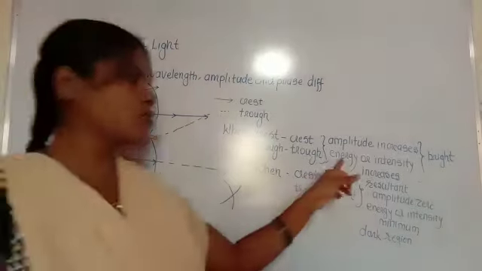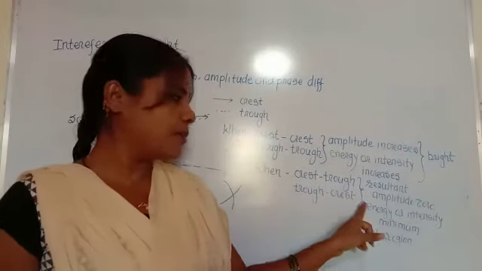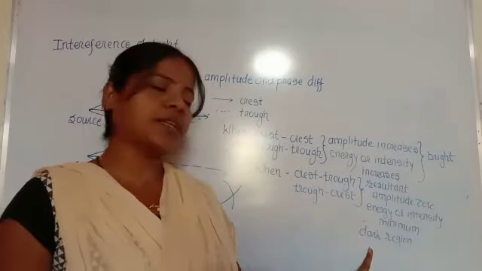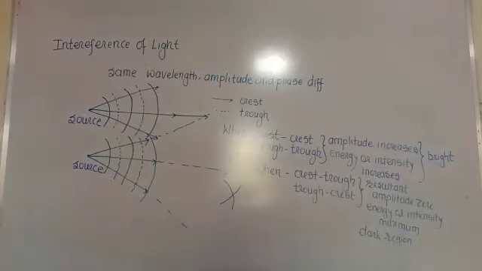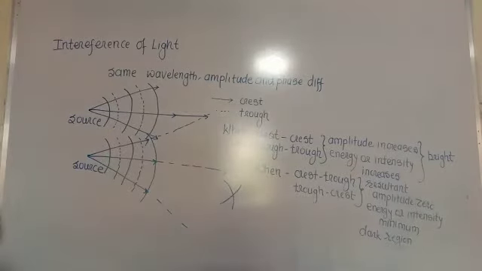Here is the maximum distribution of energy, that's why a bright region is observed. Here is the minimum distribution of energy, that's why a dark region is observed. So this gives rise to the phenomenon of interference, which is called the interference pattern or the interference of light. Got it? So this is called interference.